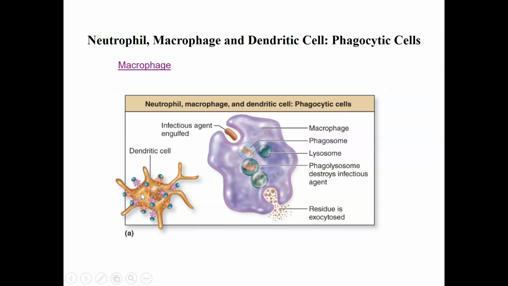Dendritic cells are named dendritic cells because they have these multiple plasma membrane extensions called dendrites. When they internalize a pathogen and break it down, they stick it on the surface like this, and that's the signal for cells of the adaptive immune system to latch on and activate.